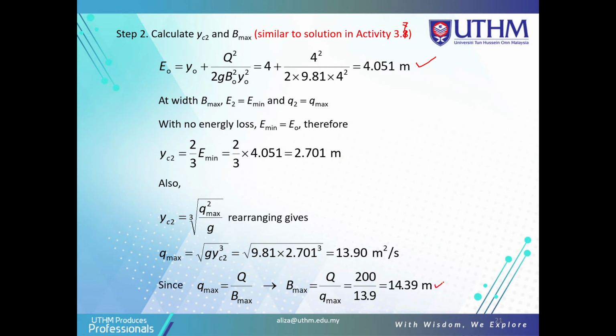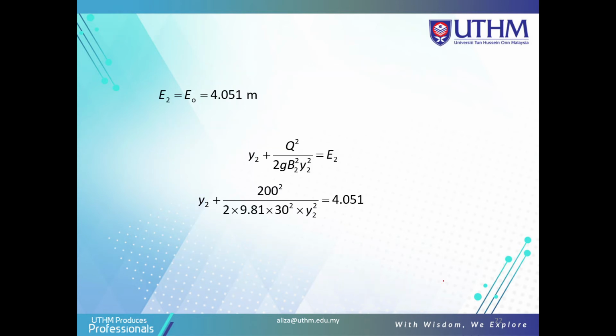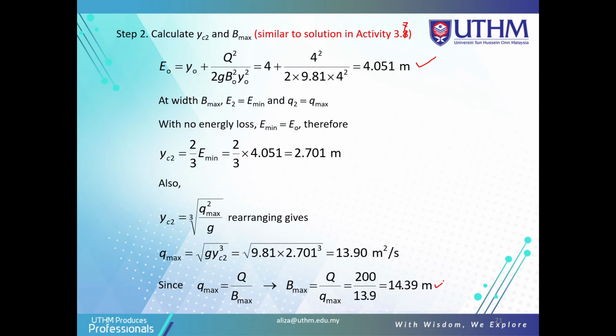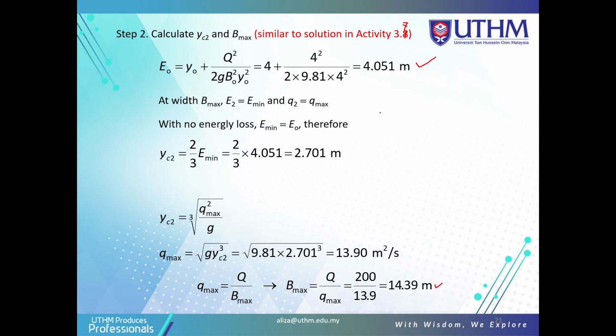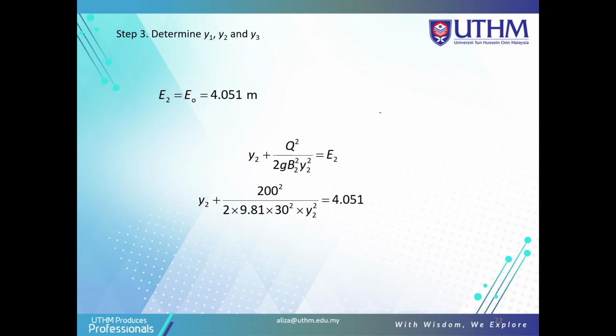Then just add step 3, because you want to get the upstream, downstream, and under the bridge. That's why you must calculate until step 3. This is based on the question.